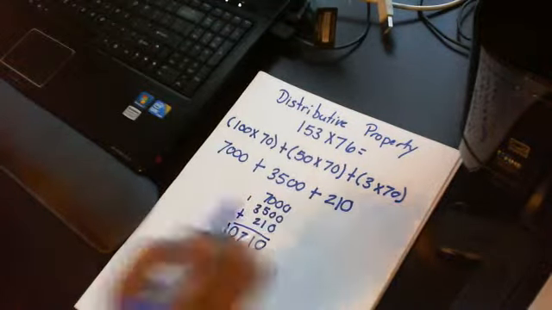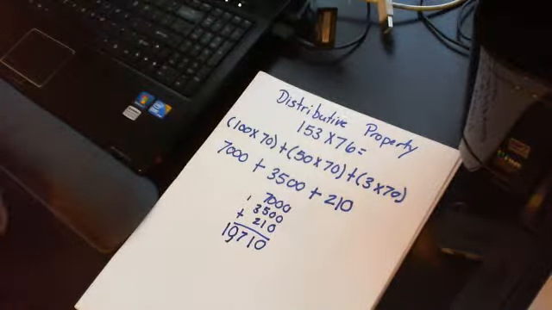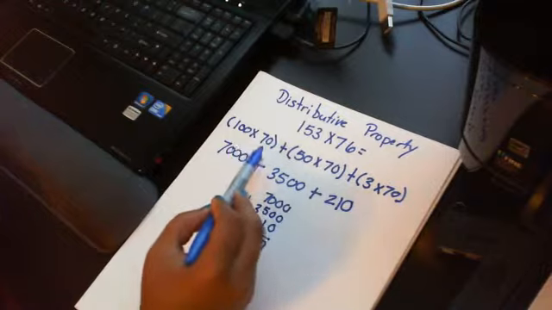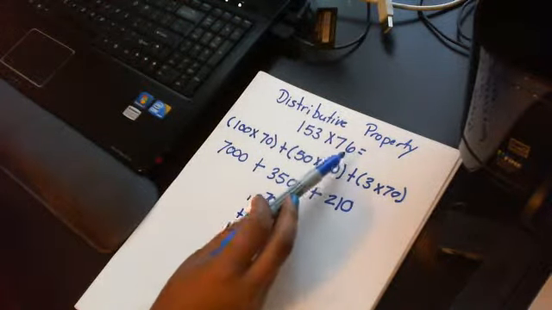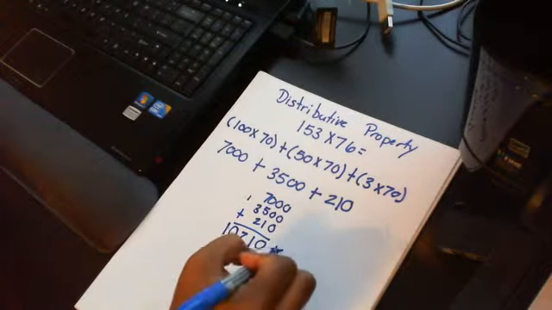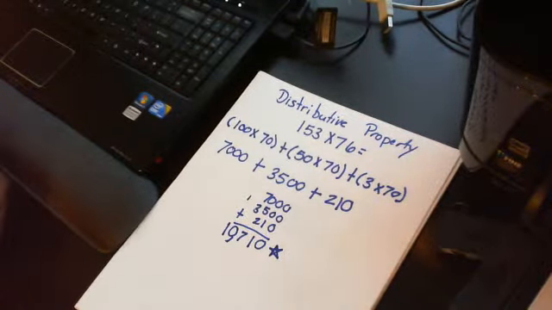Bring the 1 down. And that's part 1. But now we have to use the 6, because you notice up here we only used the 70. Now we have to also use the 6. So I'm going to put a little star by that so I know that that's the answer for the first part. Now we go and do the same thing.